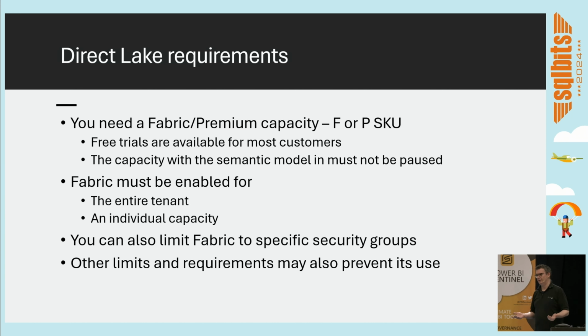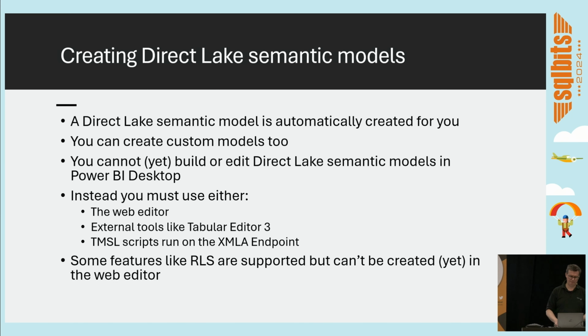If you're not, you can ask your tenant admin, or if you've got an existing Premium capacity, you can turn that on. You can also limit the use of Fabric to certain security groups if you don't want your friends to play around with this cool stuff. But you will need a capacity. If you've got an existing P SKU, that's great. If you haven't, just spin up a trial capacity. Very, very easy. But you will need Fabric.